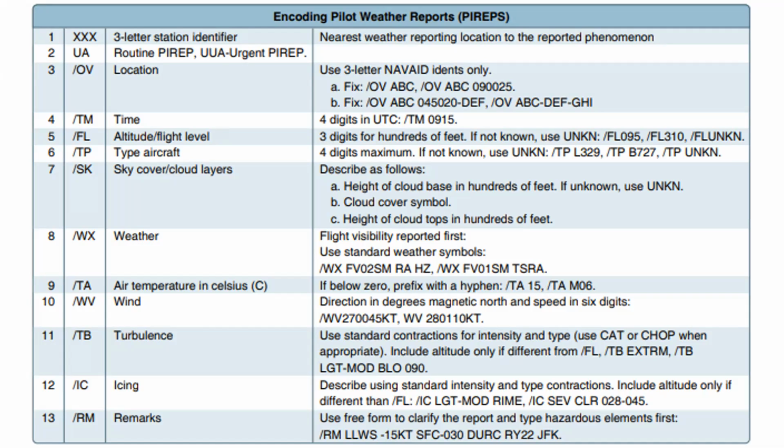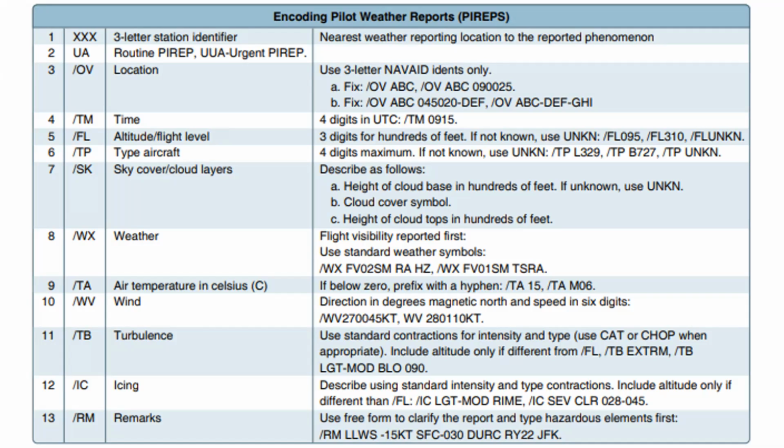/TB is turbulence. So this is for those turbulence PIREPs, and then it'll list what type of turbulence there is. /IC is icing. So if there's any icing for icing PIREPs, it'll indicate what the type of icing is, which we'll get to later.